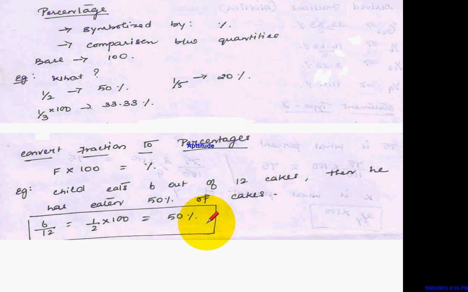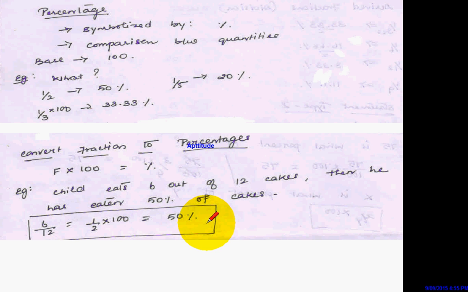See, there is a simple example to understand this. A child eats 6 out of 12 cakes, then she has eaten 50% of the cakes. The total cakes she has is 12. Out of 12 cakes, how many has she eaten? 6. So 6 by 12.